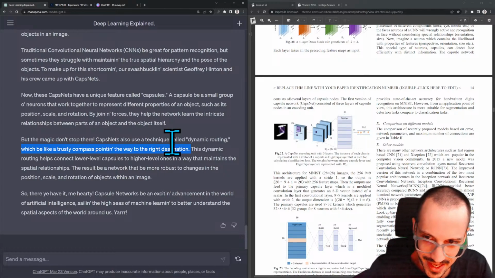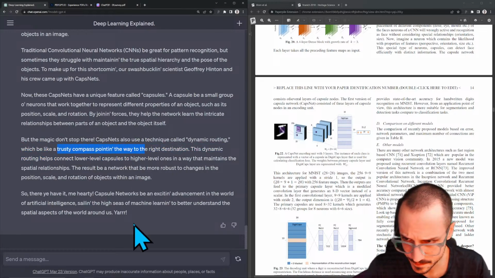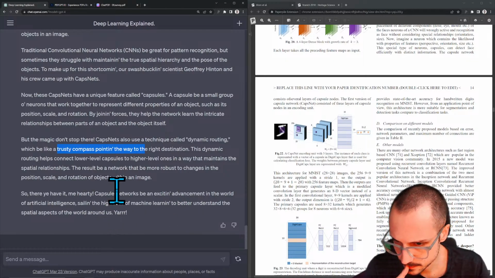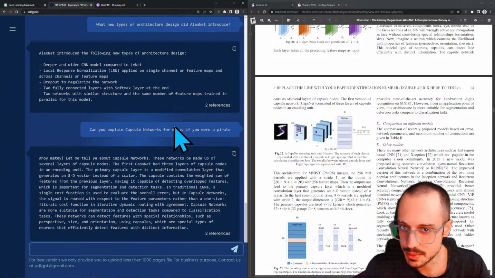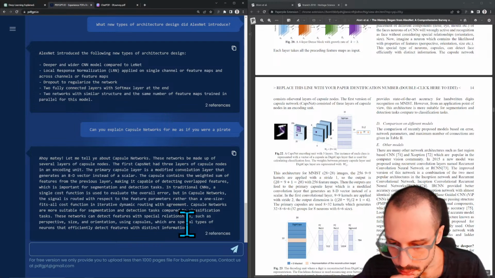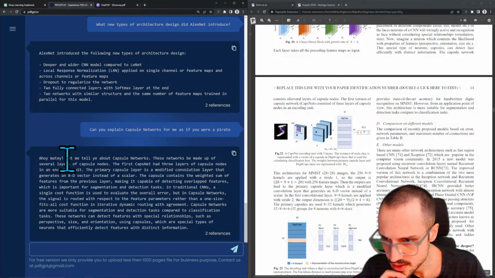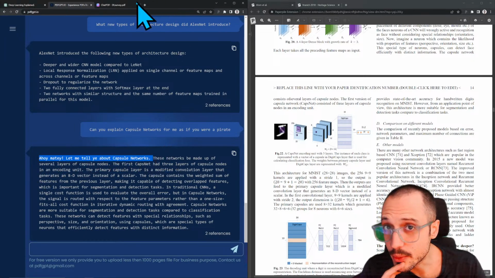So making the analogy of dynamic routing to a compass, that's definitely kind of impressive. All right, let's see if PDF-GPT has better or worse impersonation of pirate skills. Ahoy matey, let me tell ye about capsule networks.